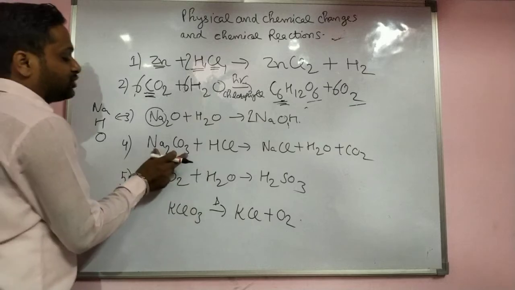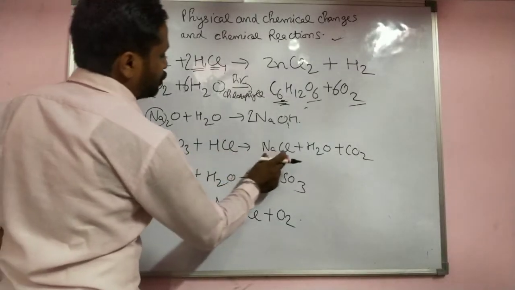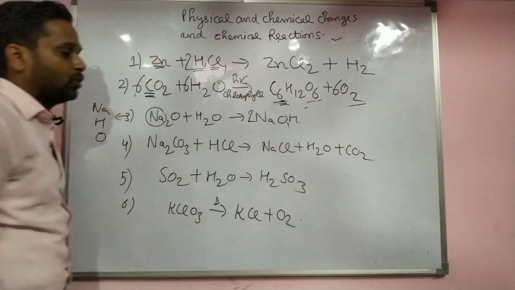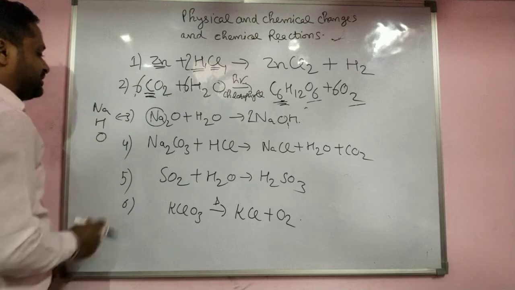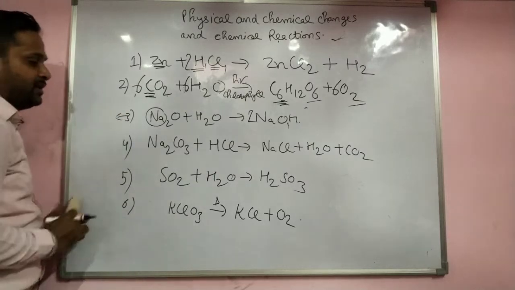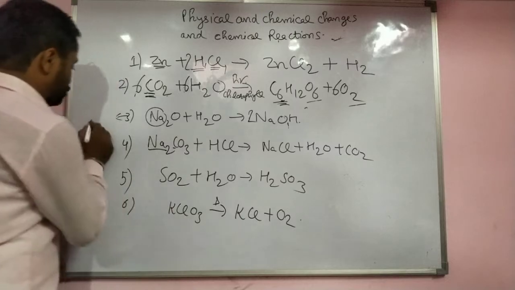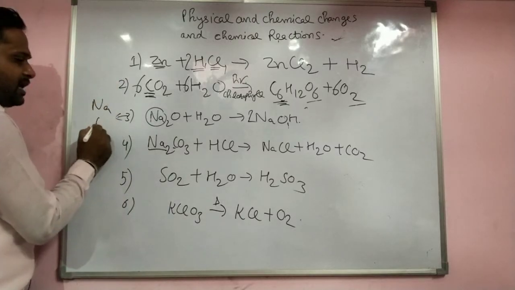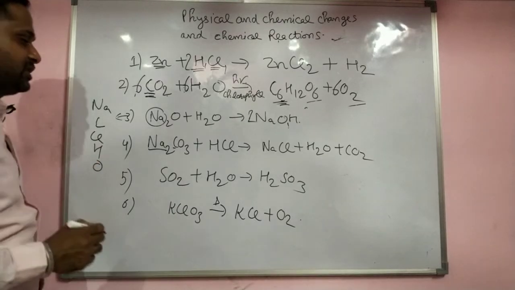Now sodium carbonate: when a carbonate reacts with an acid, it gives salt plus H2O plus CO2 gas. Here you see how many elements are there. Sodium, carbon, chlorine, hydrogen, oxygen. 5 elements are there.